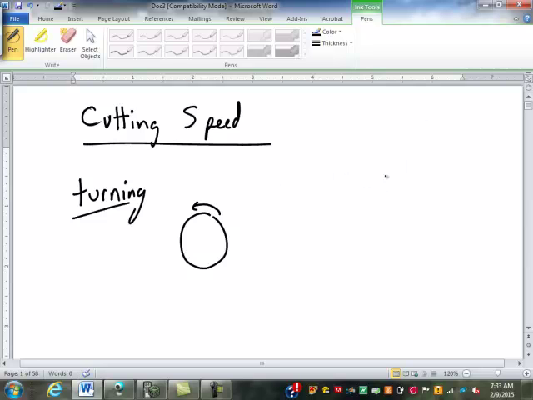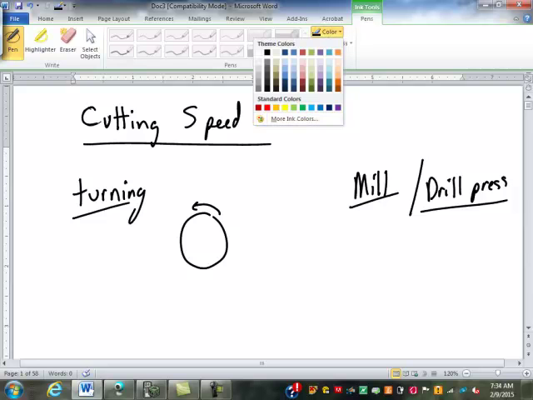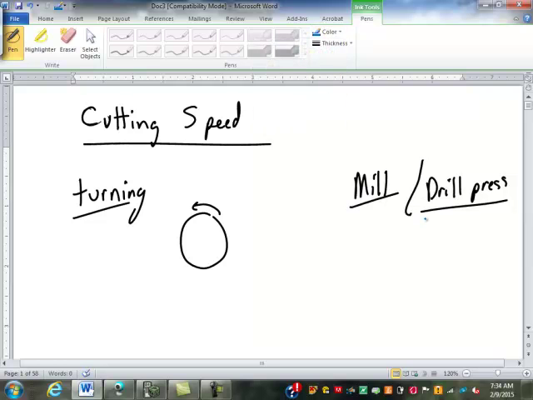So what's turning there would be a mill. The bit is turning, and that is spinning and penetrating the material. The other possibility would be a drill press, which is very, very similar, but because not only are you spinning, but you're also going longitudinal to the rotation, it works just a little bit different on the drill press.